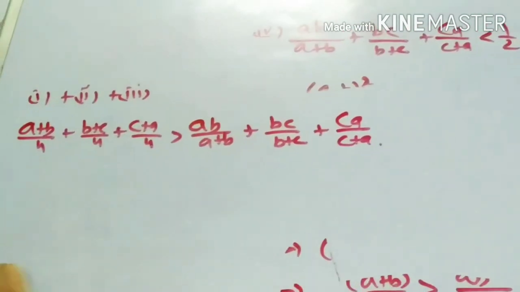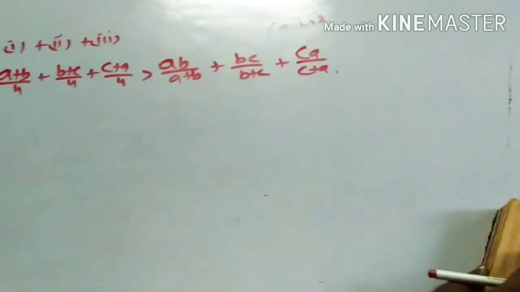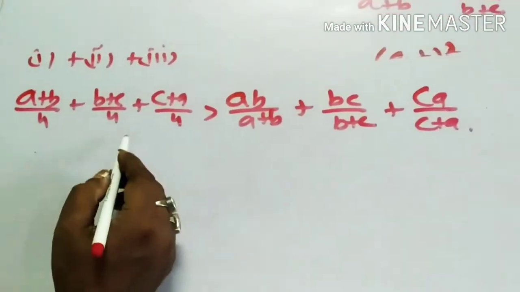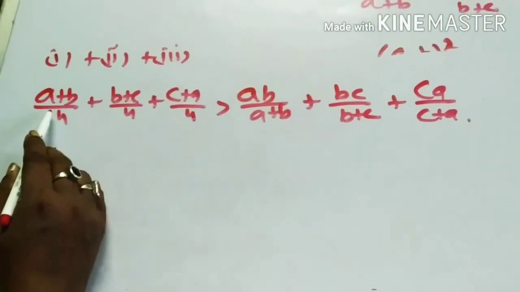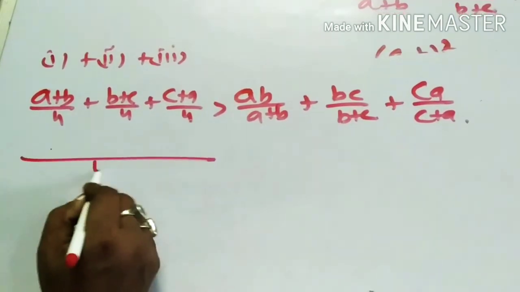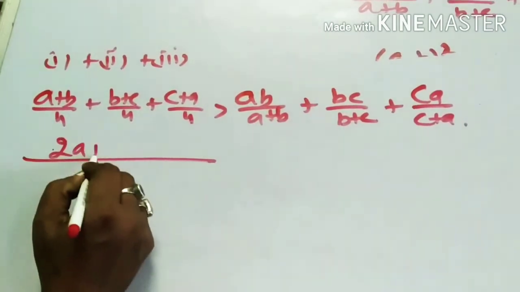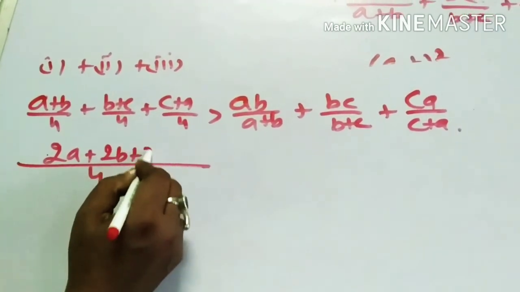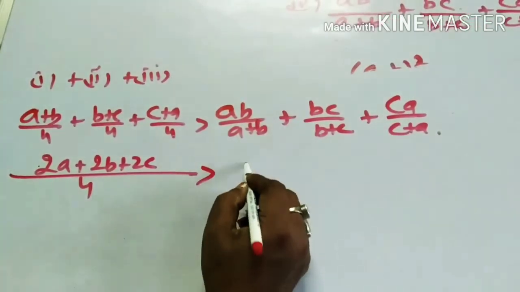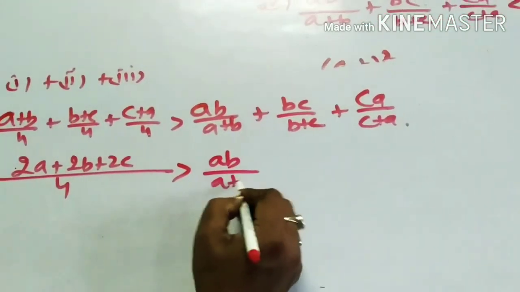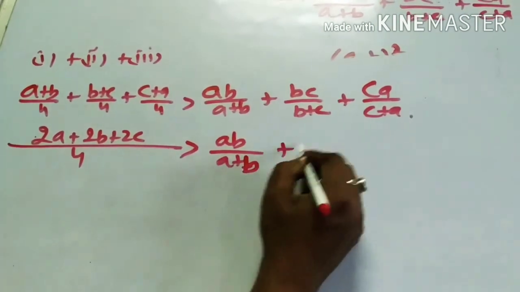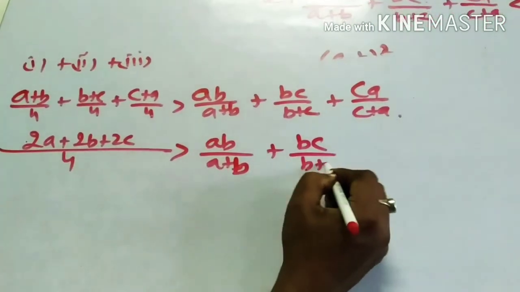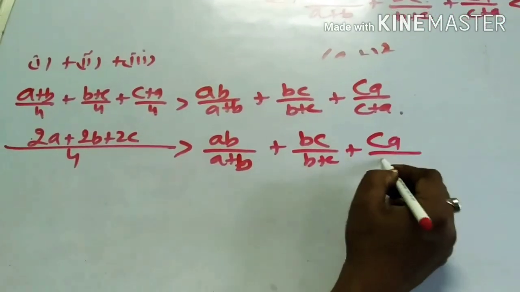I can write this like this. So now this will become, LCM 4, (2A plus 2B plus 2C) greater than AB by (A plus B) plus BC by (B plus C) plus CA by (C plus A).